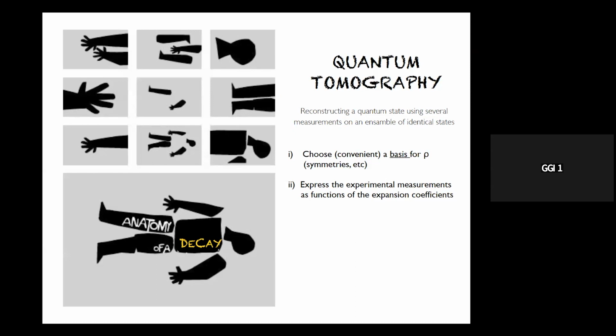One is that you have to choose a basis for rho in order to do that, and you have to express the experimental measurements that you could do on that state as a function of the expansion parameters. Of course, if you choose a convenient basis, meaning one that has symmetries compatible with the symmetries of the problem, then your quantum tomography could be optimal.